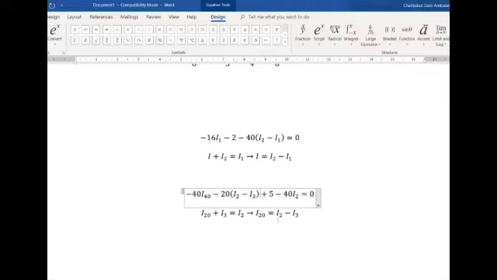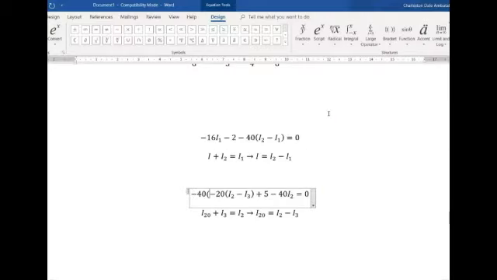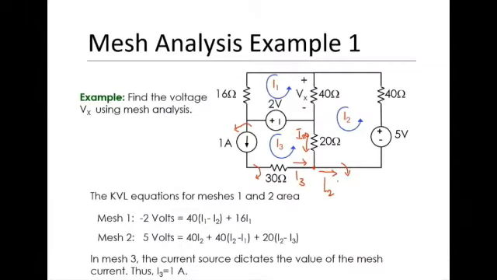Same is true with the 40 ohms, and that is just I2 minus I1. And this is your second equation. You simplify that, you'll get this. Finally, we have I3. Since there's no adjacent mesh here, and it's just a current source, then I3 is actually the current flowing through this branch already, and that is 1 ampere.